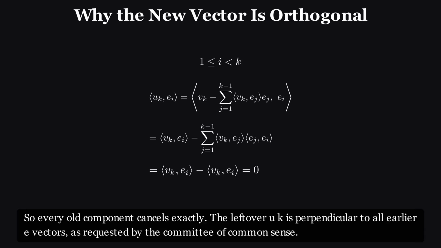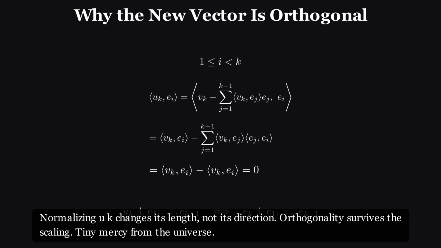So every old component cancels exactly. The leftover Uk is perpendicular to all earlier E vectors, as requested by the Committee of Common Sense. Normalizing Uk changes its length, not its direction. Orthogonality survives the scaling. Tiny mercy from the universe.